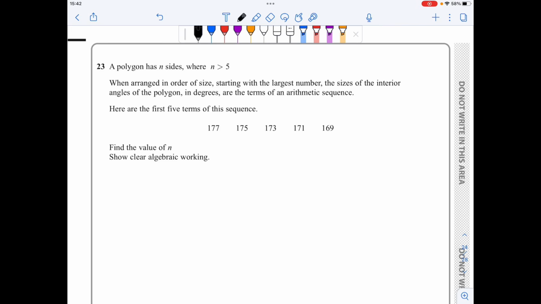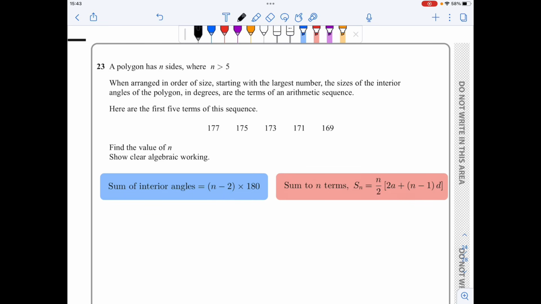In question 23, I'm given the first 5 terms of a sequence. Now, I don't know how many terms there are in the sequence. This is what I'm trying to find. What I do know is that, firstly, these numbers are the interior angles of a polygon. So the sum of the interior angles is given by the following formula. Furthermore, I'm given that the values form an arithmetic sequence, the sum of which is given by the following formula.